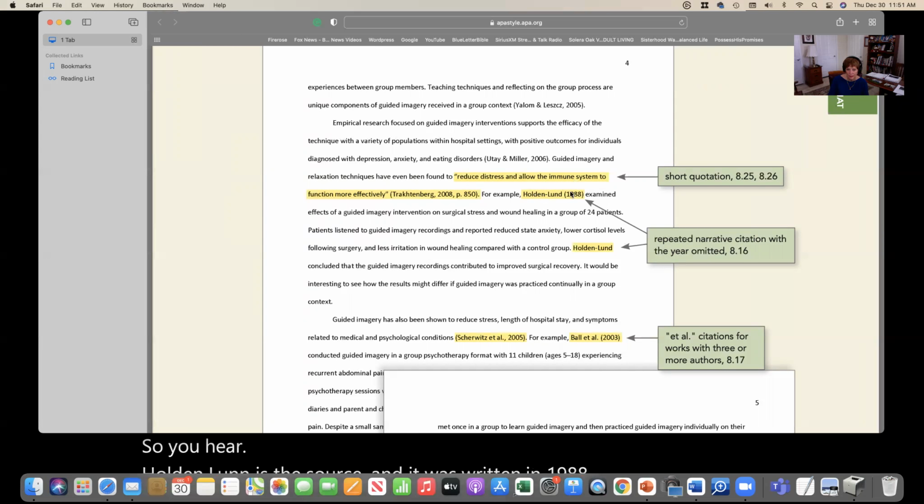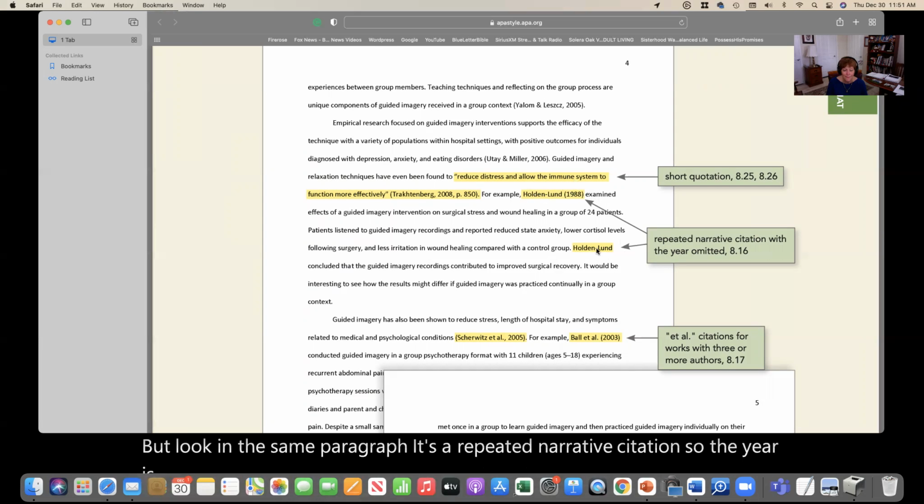So you have that. But look, in the same paragraph, it's a repeated narrative citation. So the year is omitted here.